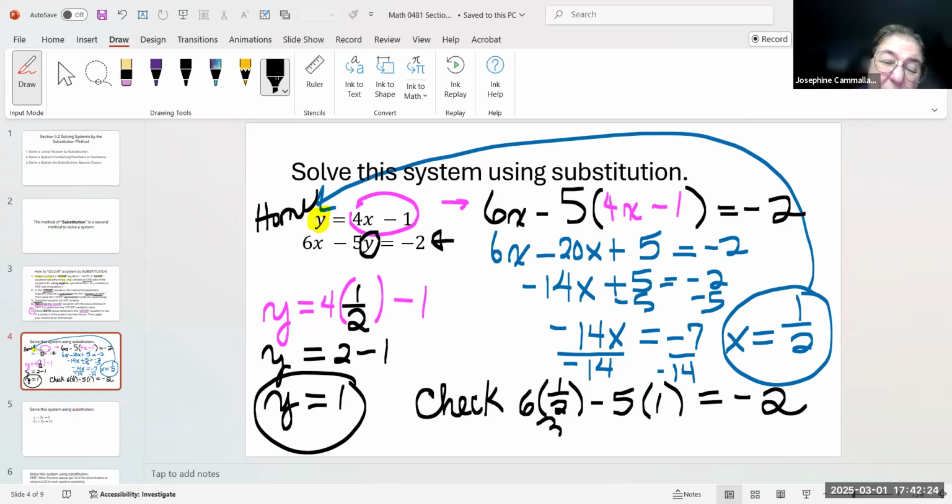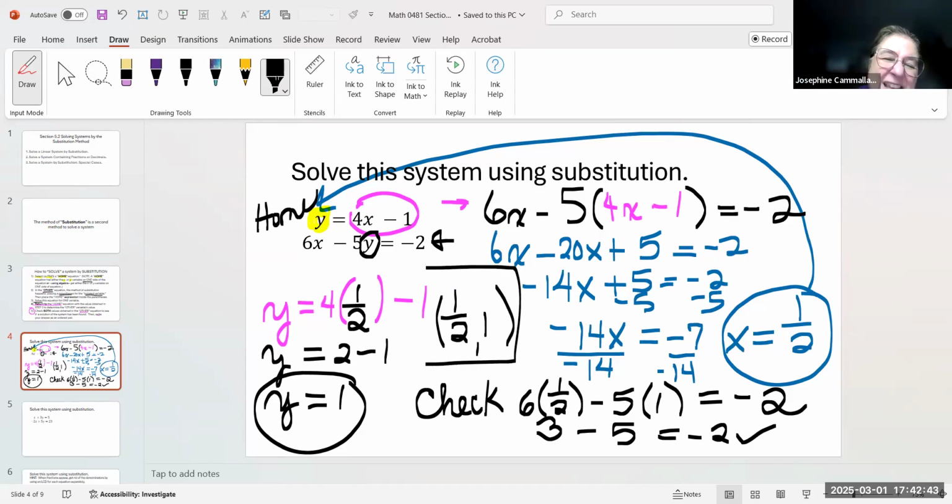Well, this is 3 minus 5 equals negative 2. It checks. Now remember, x comes before y, and this is my answer. 1/2, 1. This is how substitution is done.